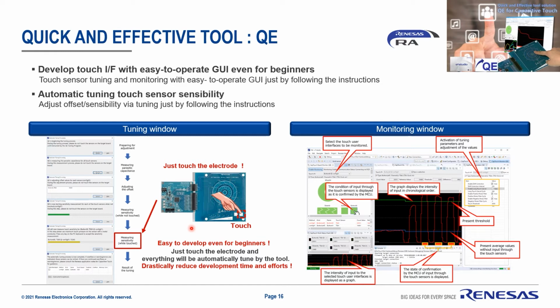It will generate the appropriate code used by our driver, and after uploading the code to our device, you will be able to monitor all the signals and understand the functionality of each electrode, threshold, noise, touch counter, and all other effects.